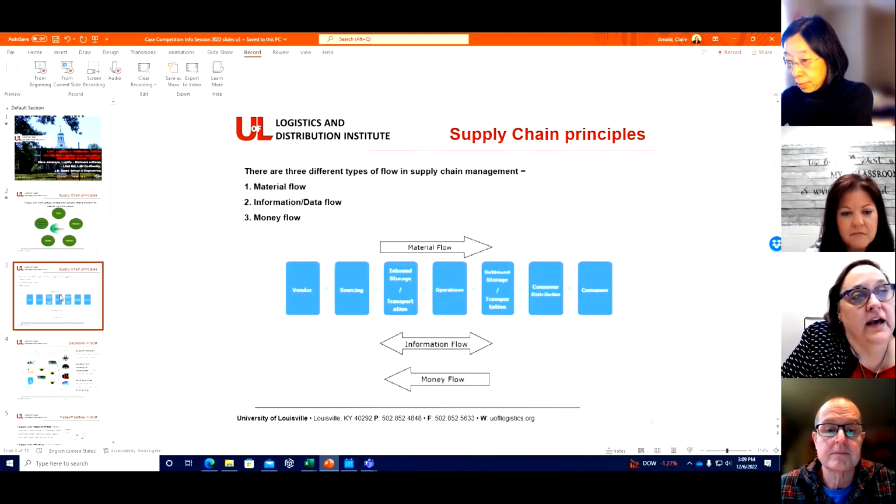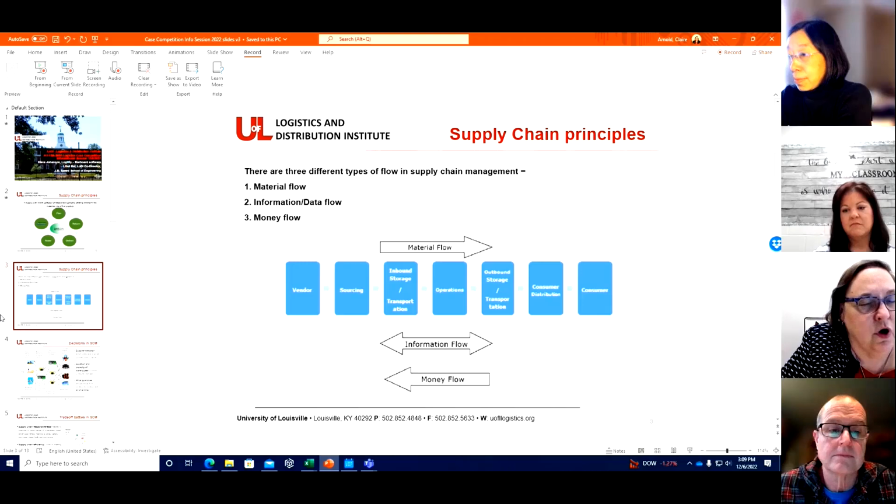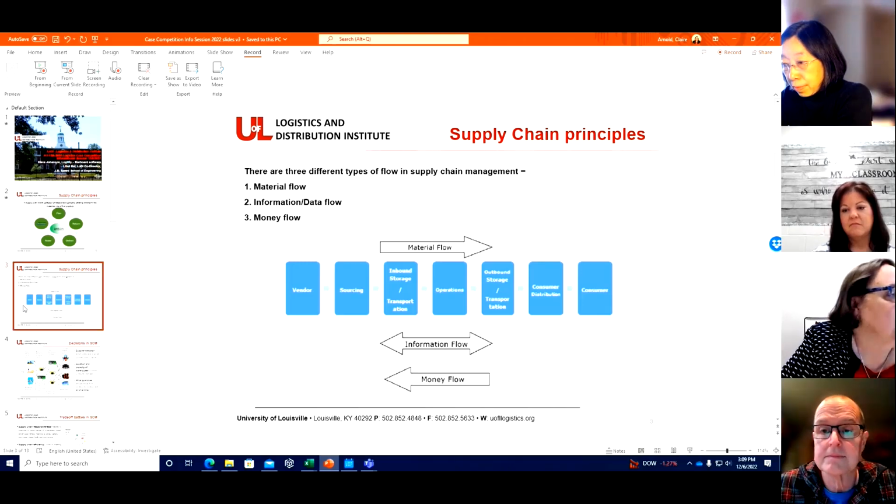As part of the supply chain, there's going to be a flow of different types of information: material flow, information and data flow, as well as the money that goes for purchasing either the raw materials to actually assemble the products.